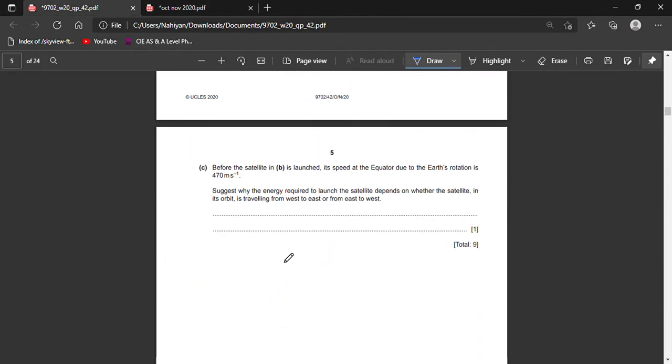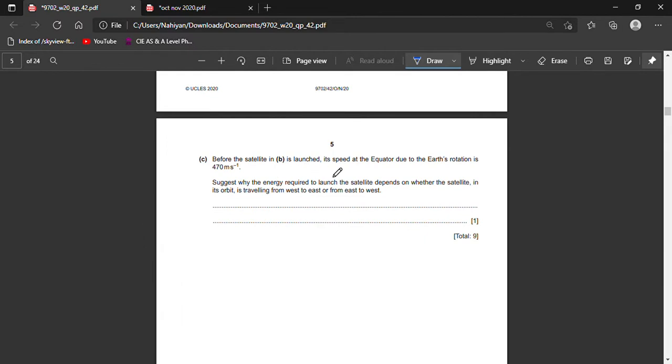Moving on, before the satellite is launched, its speed at the equator due to the Earth's rotation is 470 meters per second. That is why the energy required to launch the satellite depends on whether the satellite in its orbit is traveling from west to east or from east to west.